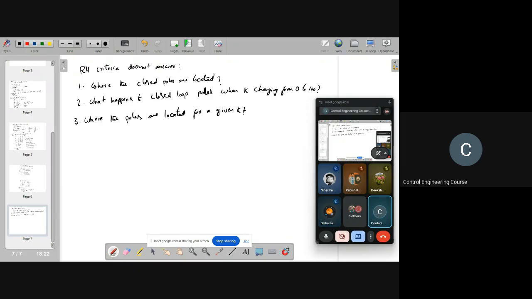So instead of calculating the poles separately for each k, wouldn't it be useful to have a single plot that shows how the poles are moving as k changes from 0 to infinity? That is the plot called the root locus plot.